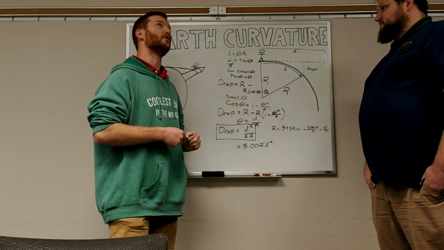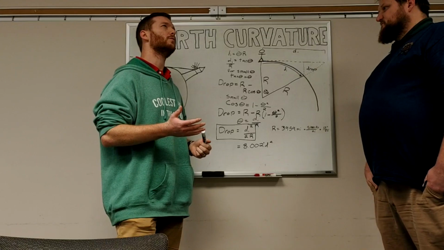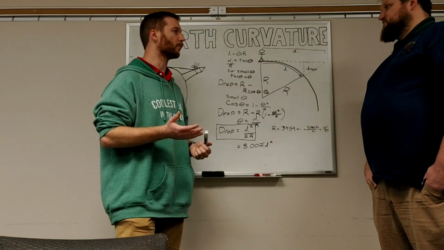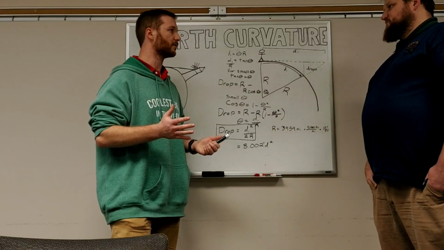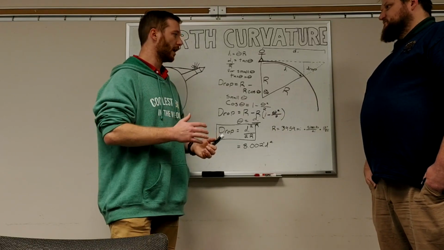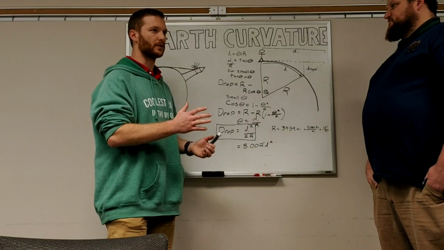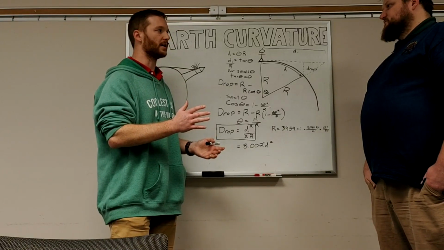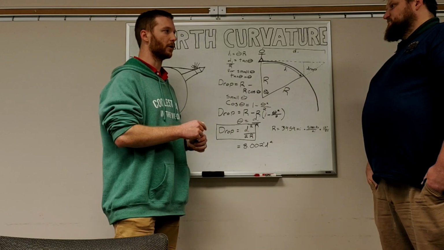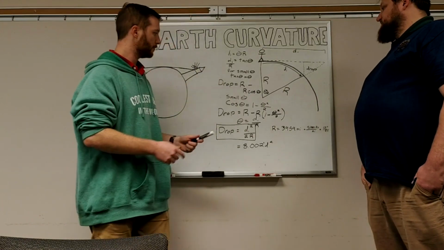I think up to 0.01 or 0.2 radians, you're at 0.1% error. So given the radius of Earth, I think it comes out to about 200, 250 miles or so, you're going to be less than 0.1% error of your actual drop.